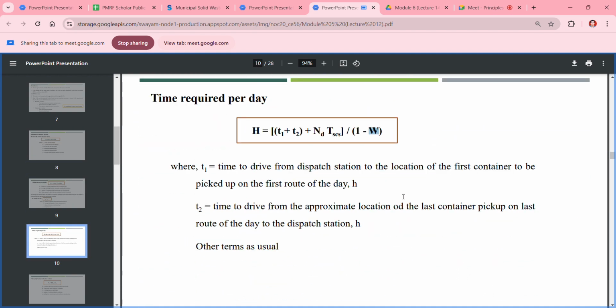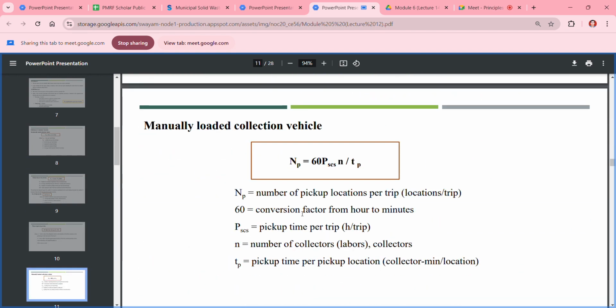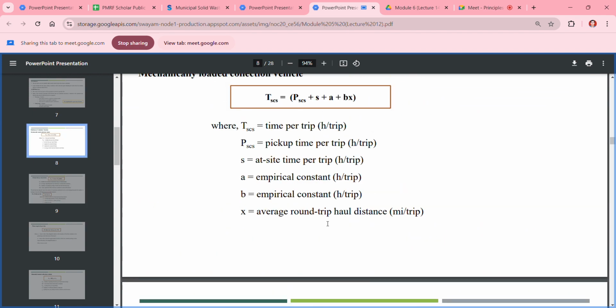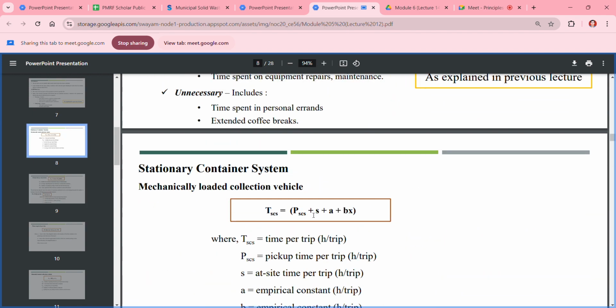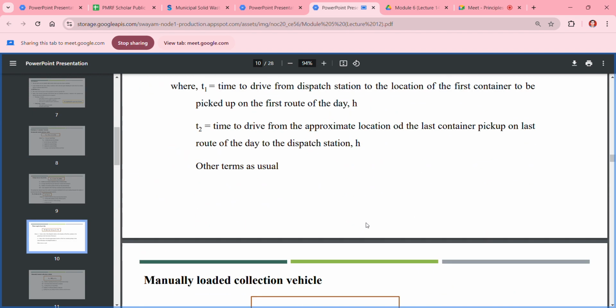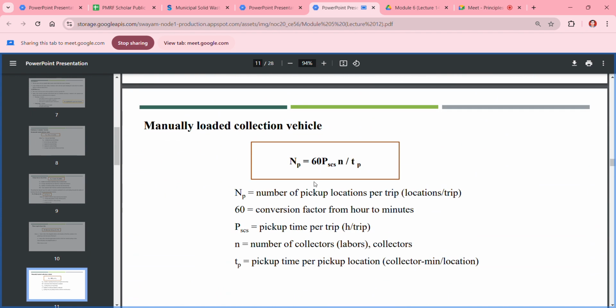Yeah. Okay. Then we had talked about the mechanically loaded collection vehicle TSCS time. For manually loaded collection vehicles, we have a different formula for NP. NP equals 60 PSCS N divided by TP. So 60 is the conversion factor from hours to minutes, and PSCS is the pickup time per trip.